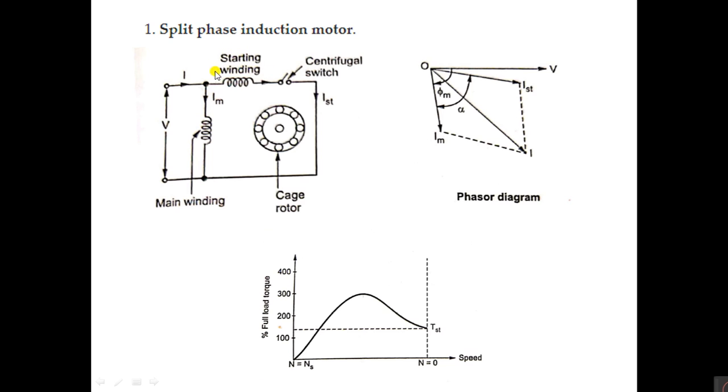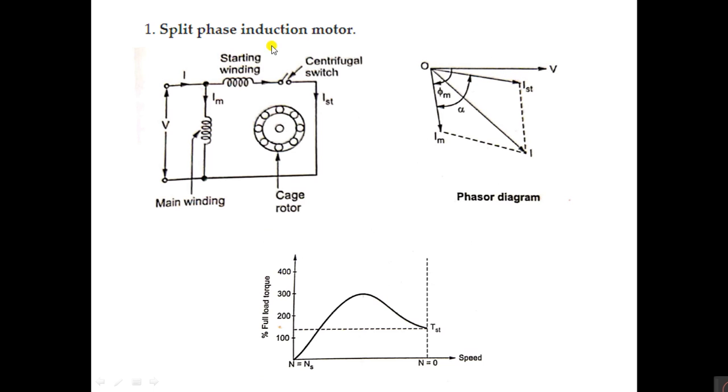This auxiliary winding has low inductive reactance and a high resistance. So the current produced by the auxiliary winding is nearly in phase with the supply voltage. This is the supply voltage. So the starting winding has a very small angle, nearly in phase.